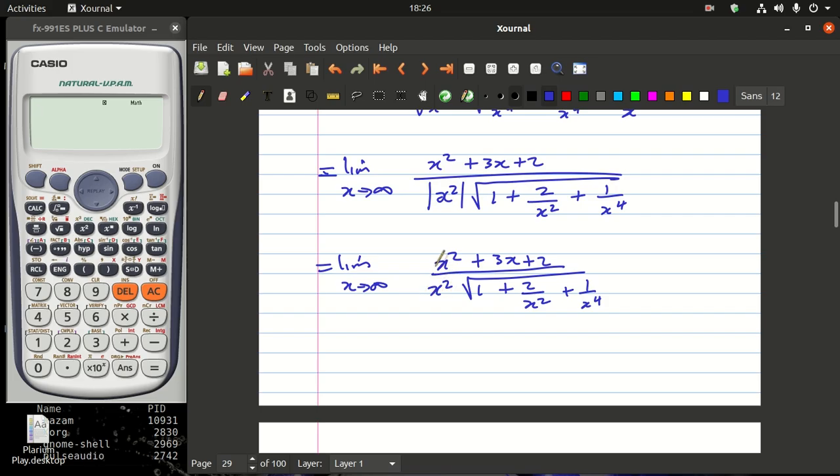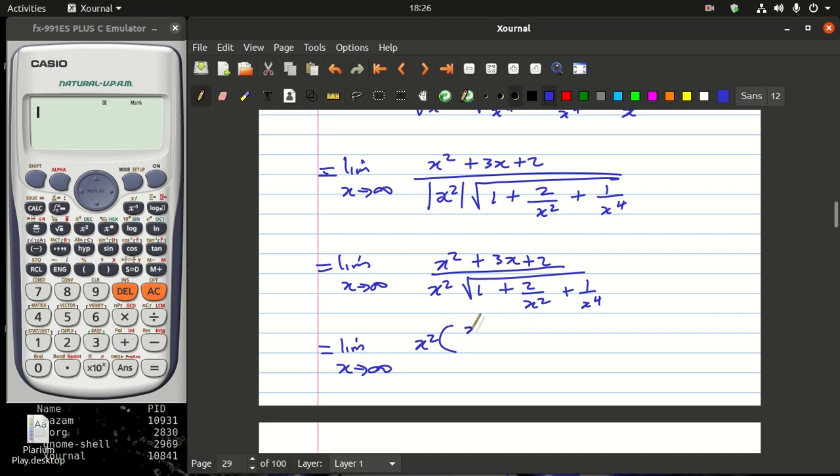So I want to factor out the very same thing that is in the denominator from the numerator. So I end up having the limit as x approaches infinity. I'm going to factor out x squared because I want to cancel this infinity over infinity, so that I end up getting something that is determinate.